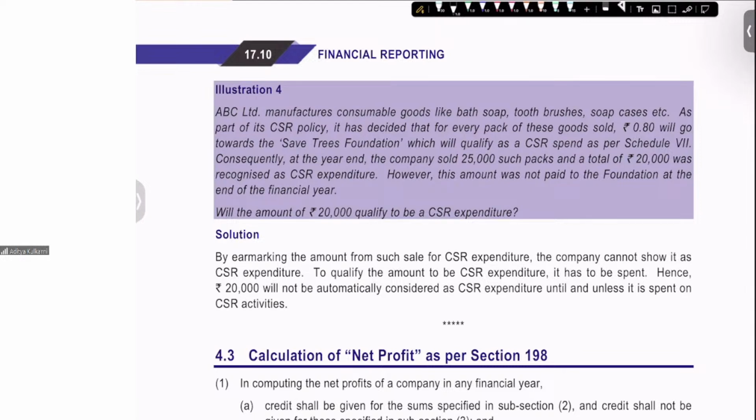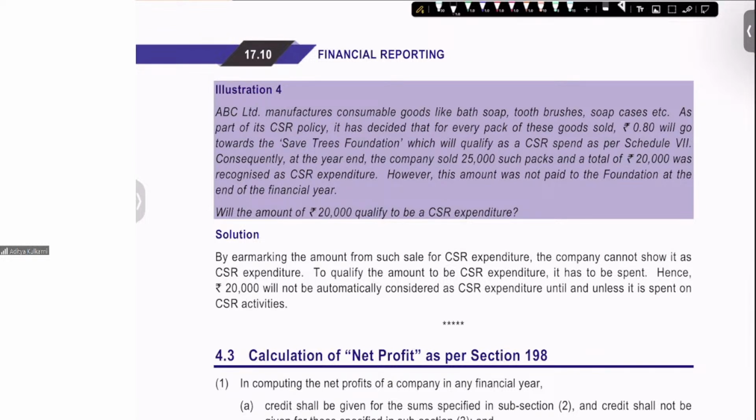Then we move on to illustration 4. You can see typically this is a case where amounts are earmarked. Okay, earmark me once you must be buying classmate notebooks. Classmate notebooks के पीछे लिखा रहता है for every notebook that you buy, 1 rupee goes towards educating an underprivileged child. So this is known as earmarking.